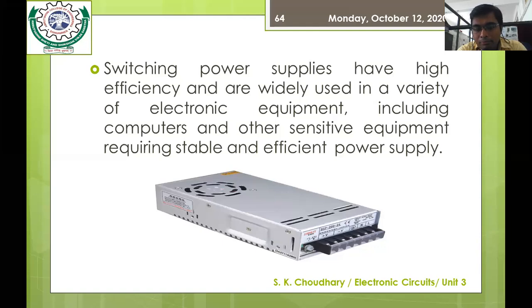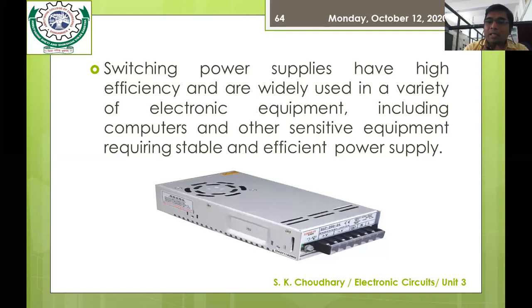If you have seen computers, not laptops, you can easily see the SMPS section on the back panel of the CPU. It is used for regulated power supply to the motherboard. If there is any fluctuation, it would damage the motherboard. That's why we generally use the SMPS there.